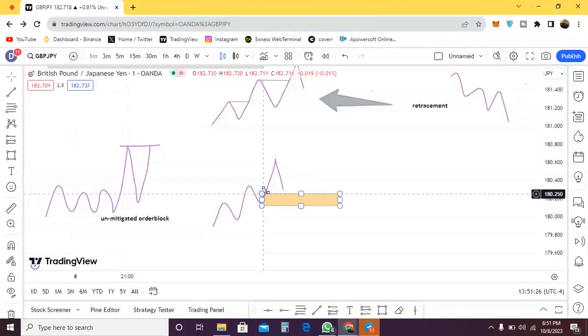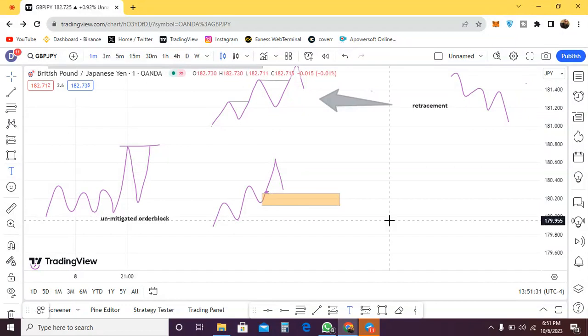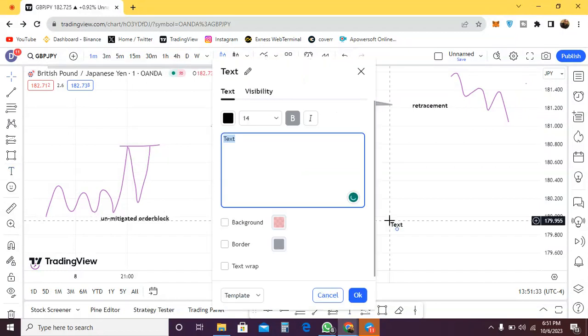Let me write it down. Fair value gap and order blocks. So for a retracement, we have our reference point of entry to be a fair value gap, and it could either be a fair value gap or an order block.